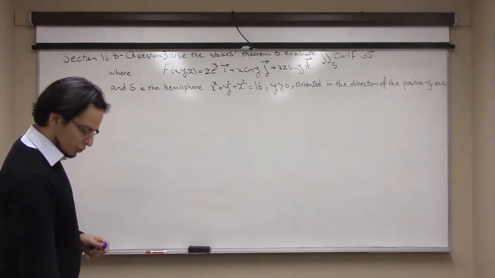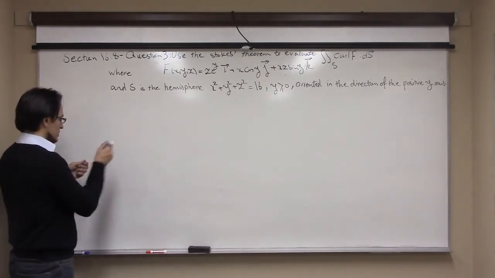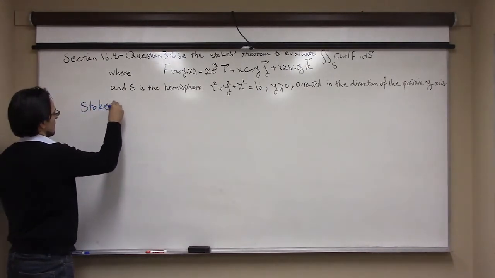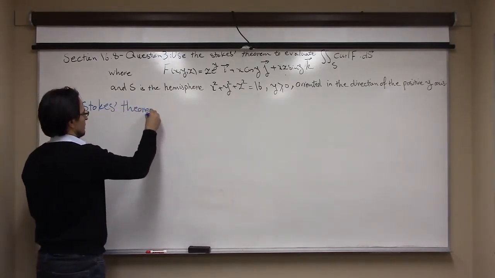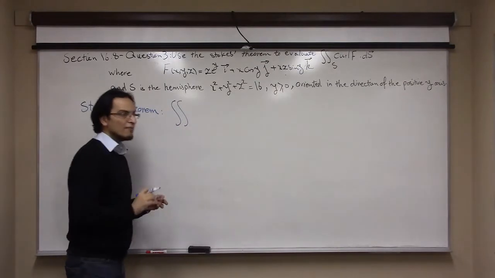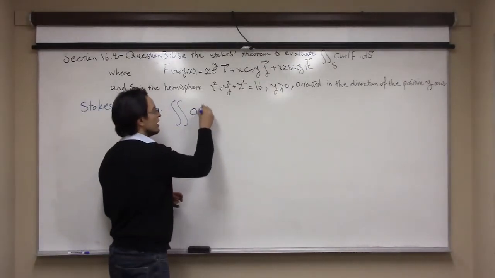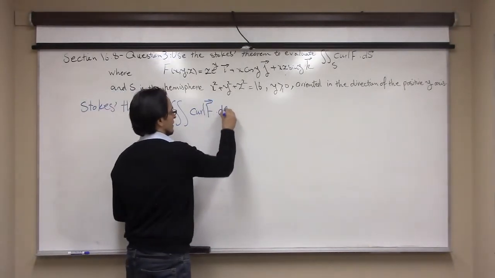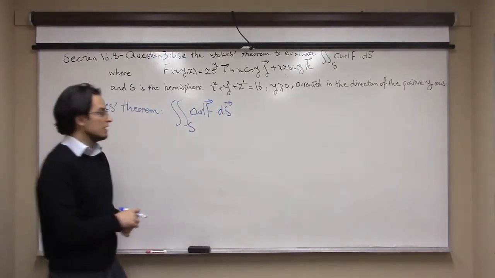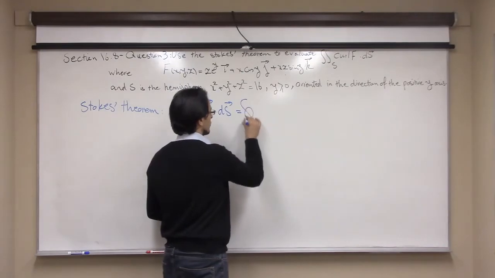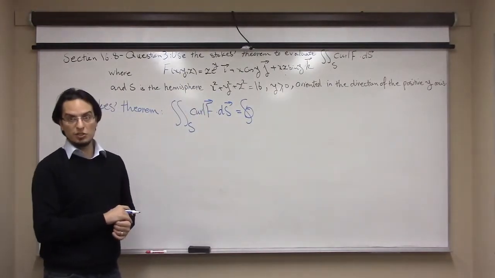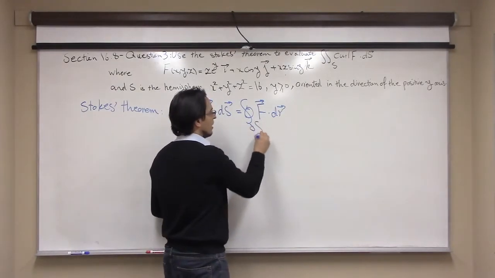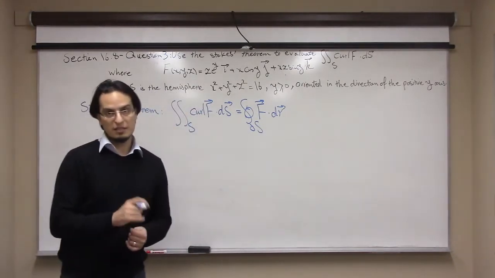Okay, so what you need to know is Stokes theorem, basically. Stokes theorem says that if you have the surface integral of the curl of a vector field, not the vector field itself, the curl of the vector field, then it is going to be equal to the line integral of the vector field itself along the boundary of the surface.